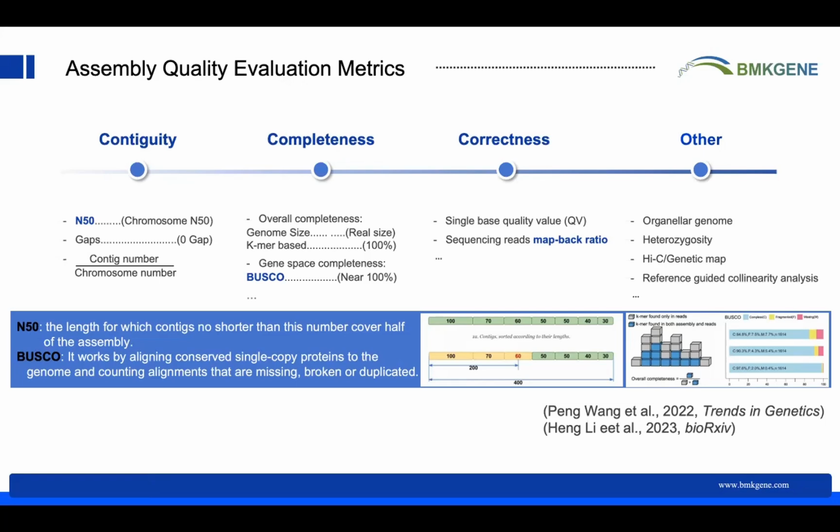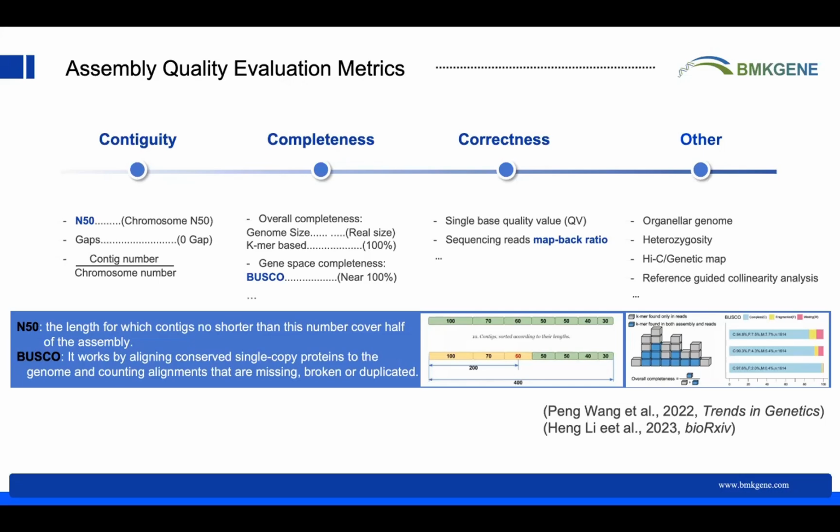If it's a very good or perfect assembly, the values could be near 100%. But in real cases, if the value is more than 95%, we would say that it's a very, very good assembly.